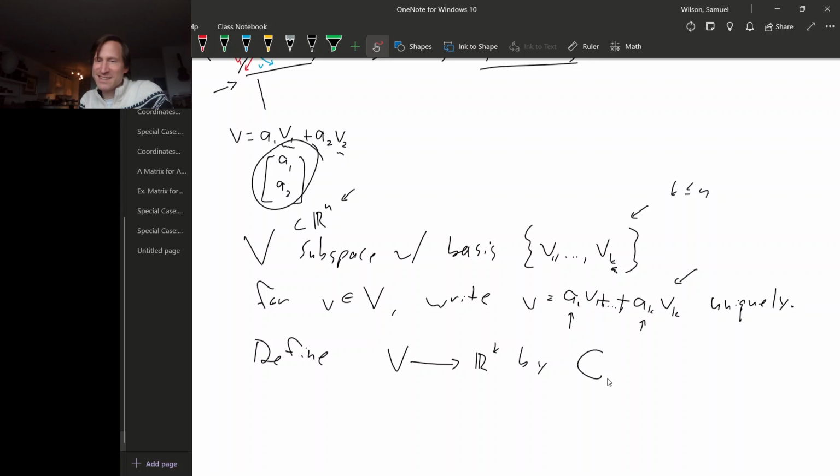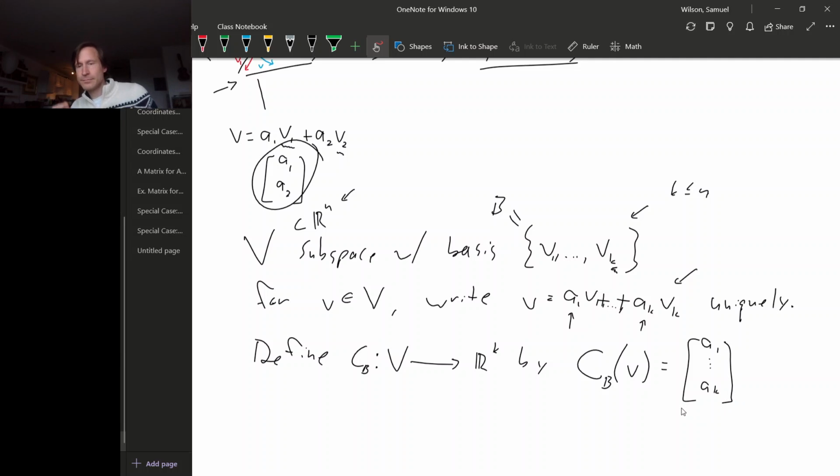So let's decorate this C with a little B for basis, and we can call this set B. So this is the coordinate transform for the basis B, and we'll define it on this vector just by saying the result over in Rk is just the coefficients, a1 through ak.